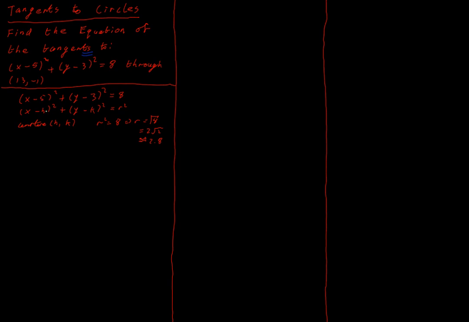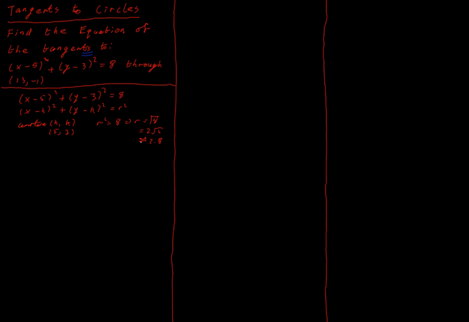So this minus 5 here means that h is at 5, and my k, the y value of my center, is going to be at 3, not minus 3. So we write down the equation we are using to figure out our center and our radius. If we don't do that, the chances of making a mistake are very high.